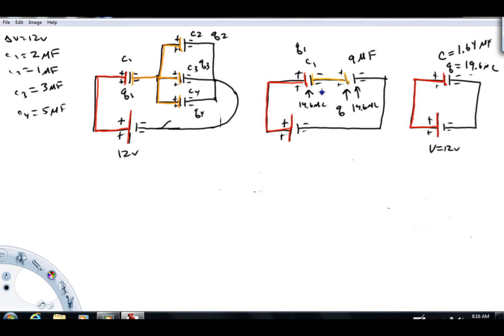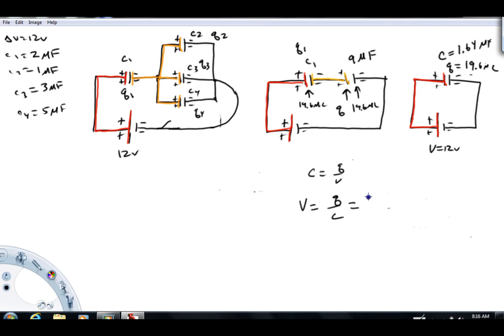Right? Next step. If I take a look at one of these capacitors, let's say this one, and I write this out, we know that capacitance is equal to charge over voltage, and I know the capacitance and the charge on it, so we should be able to calculate the voltage on it. The voltage should equal charge divided by capacitance. So again, I'm focusing on this one right now.